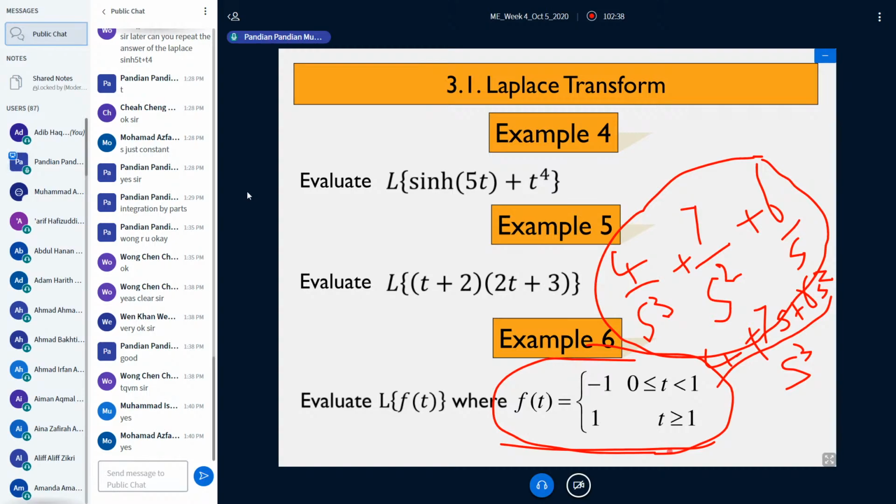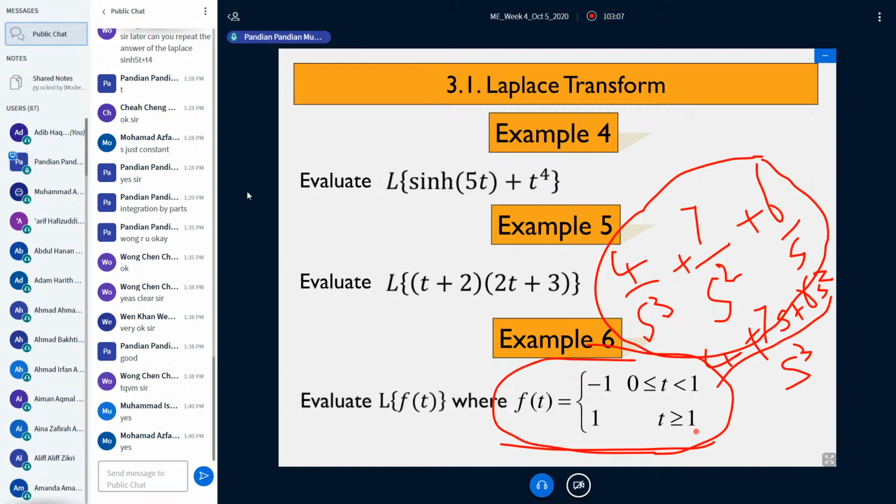The first one is from 0 to 1, e power minus st multiplied by f(t), minus 1. Integrate with respect to dt. So your answer will be e power minus st divided by minus s, from 0 to 1, plus e power minus st, f(t) is 1, from limit 1 to infinity.